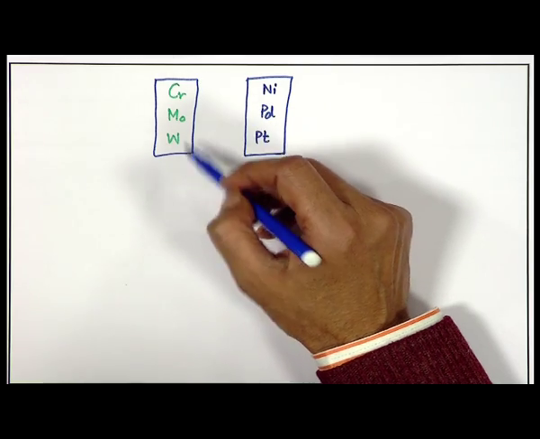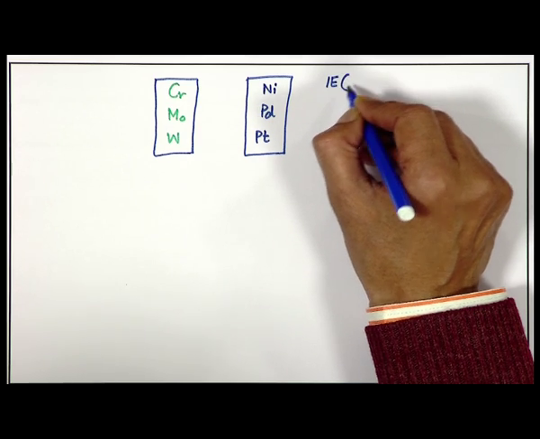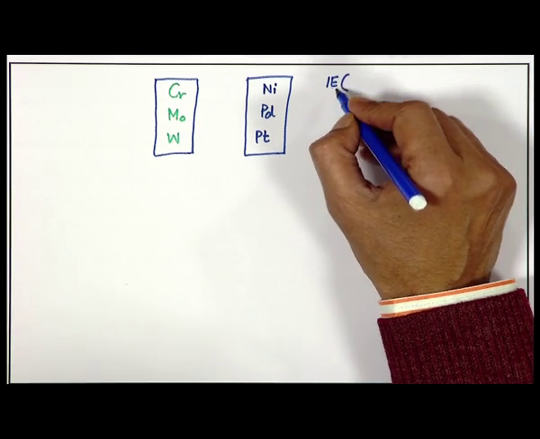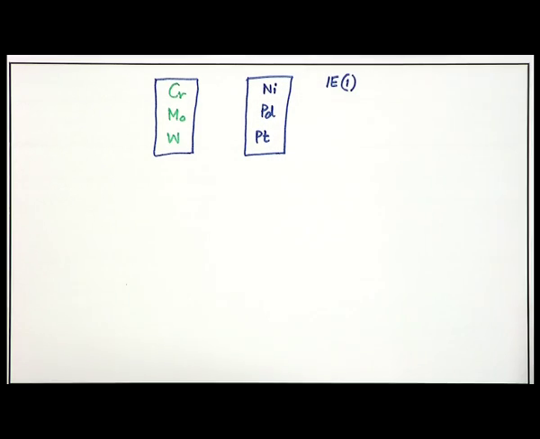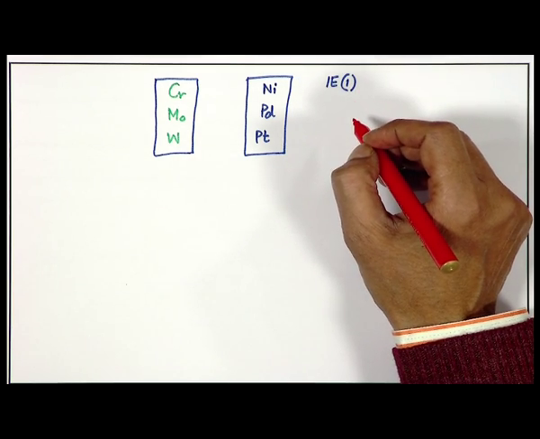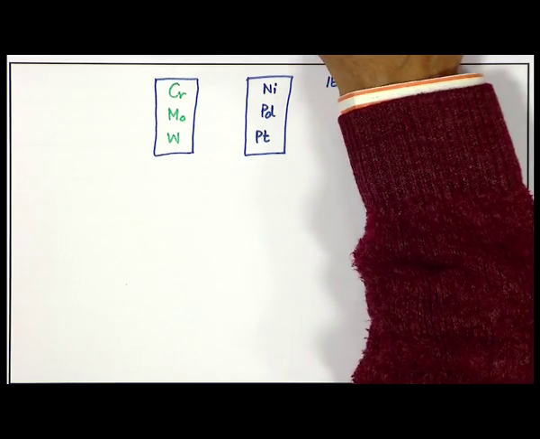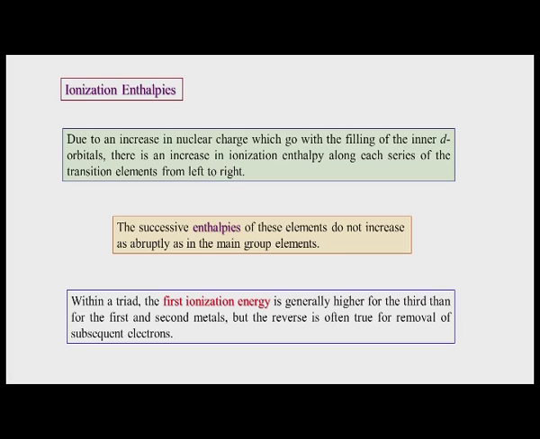So, within this triad, if we now consider the IE values, the first ionization enthalpy, what is the corresponding trend? That is why we are saying that within a triad the first ionization energy is generally higher for the third than for the first and second metals.